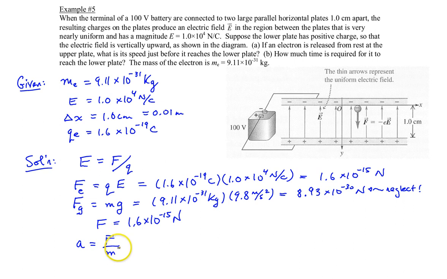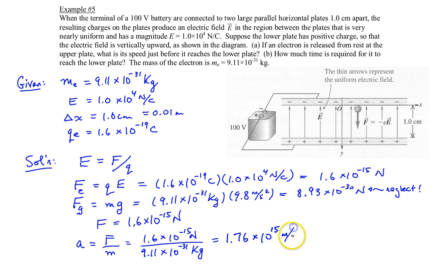Again, that's the mass of an electron. So the force is 1.6 times 10 to the power negative 15 newtons, divided by the mass of an electron, which is 9.11 times 10 to the power negative 31 kilograms. And that gives us 1.76 times 10 to the power 15 meters per second squared.